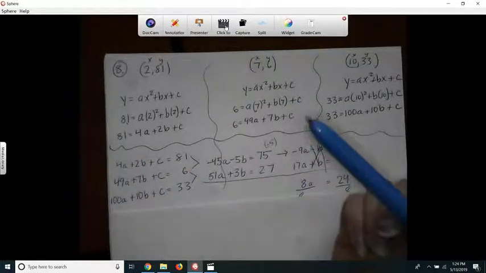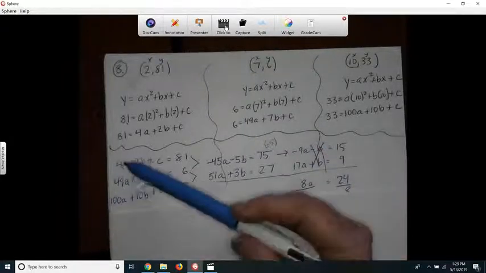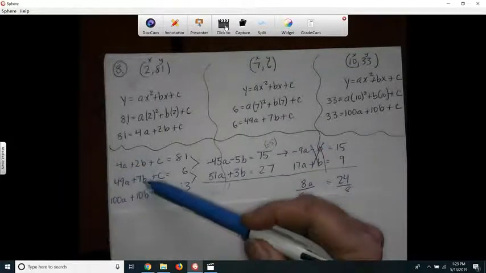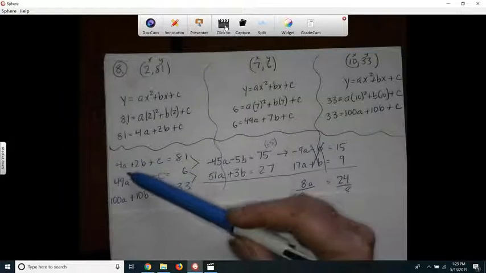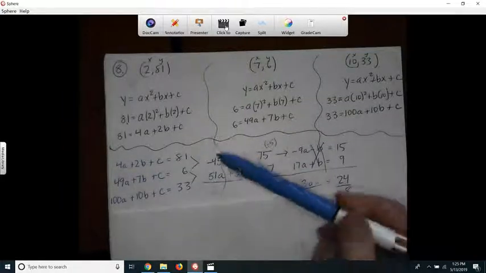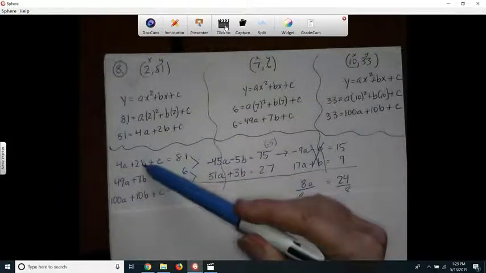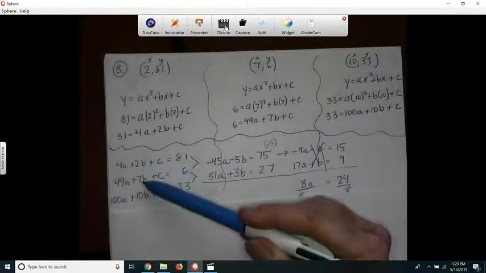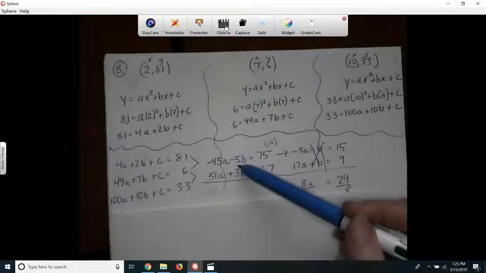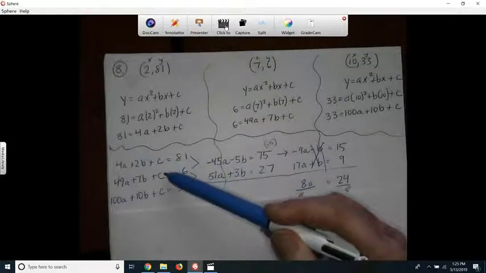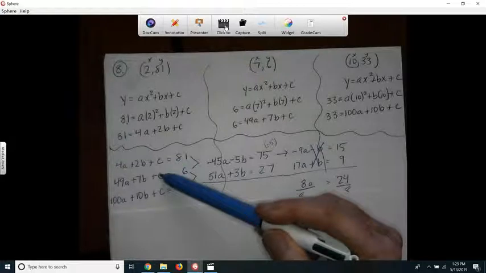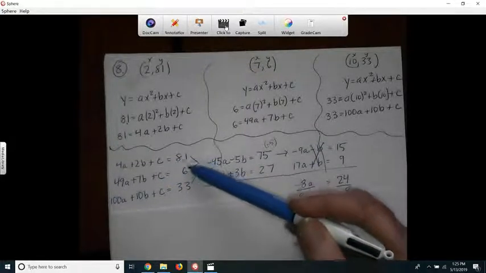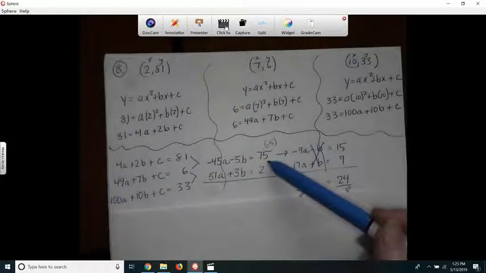So that gives me negative 45, then 2 minus 7 is negative 5, the C's cancel, and 81 minus 6 gives me 75.